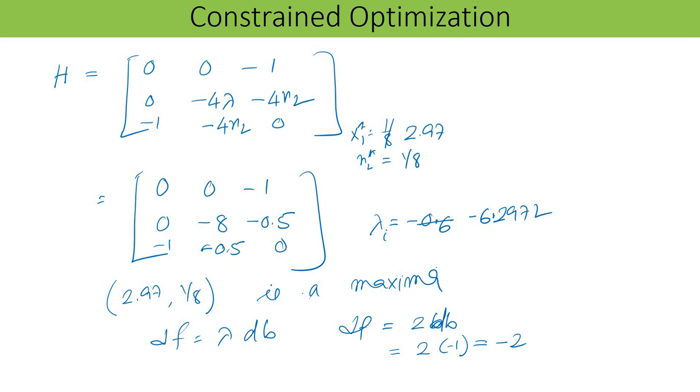Similarly, if this is a positive change, in that case the objective function will also change positively. So here the lambda value is 2, that means if there is a 1 unit change in the db value, the corresponding change in the objective function value will be 2 units.